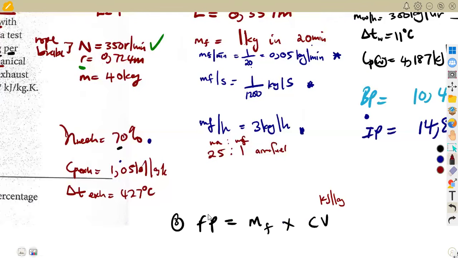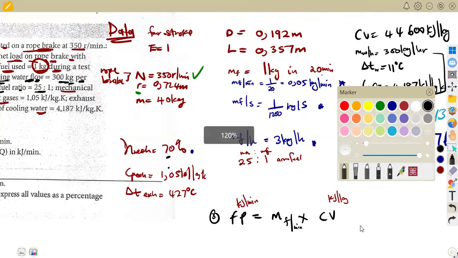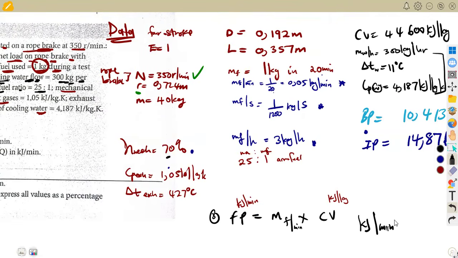But because they need this in kilojoules per minute, the mass of fuel must be mass of fuel per minute also. Guys, you need to know your units. It must be kilograms per minute so that we have our answer in kilojoules per minute.